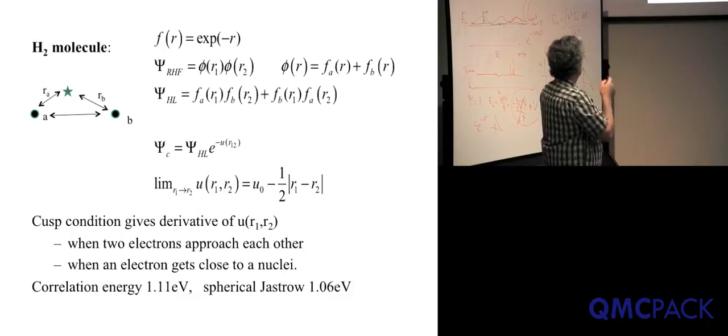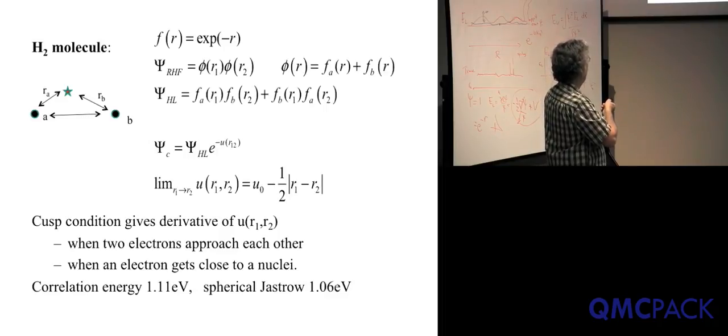Here is an example for a hydrogen molecule. Again, a hydrogen molecule is a two-electron system, and these are uncorrelated wave functions. Restricted Hartree-Fock would be where you take two molecular orbitals. These are the two protons, A and B, and the two electrons.